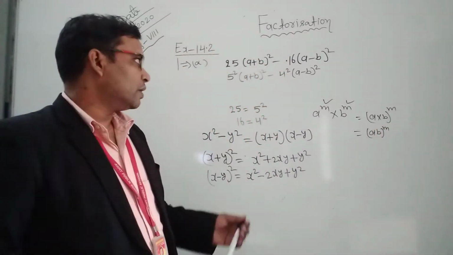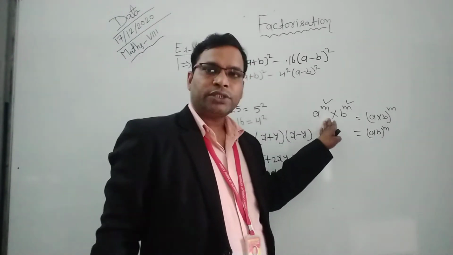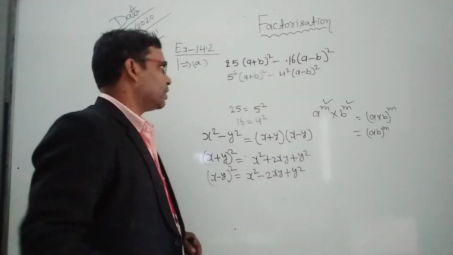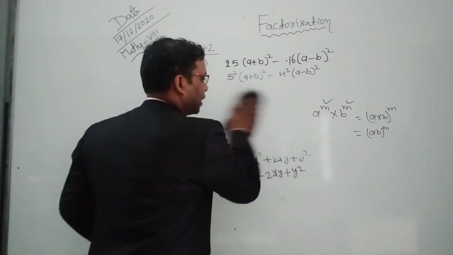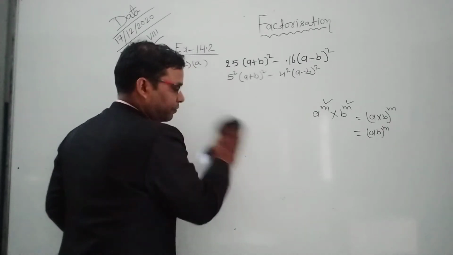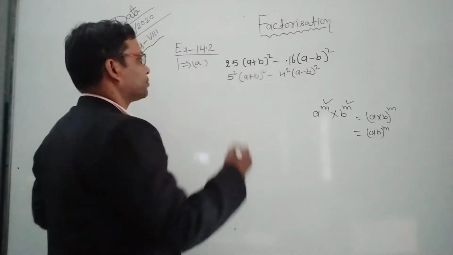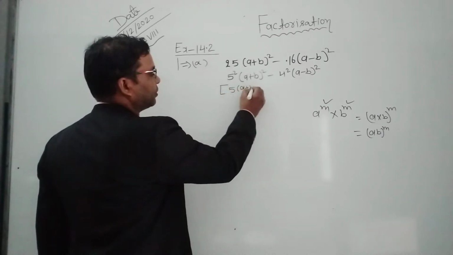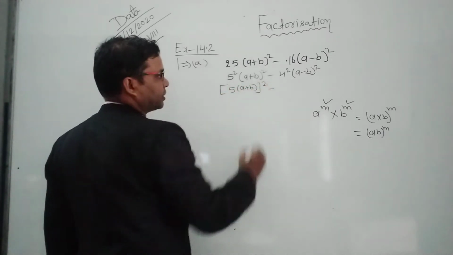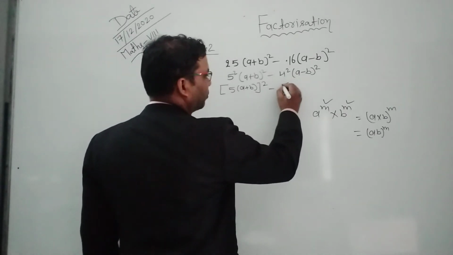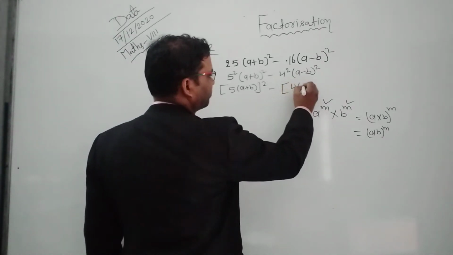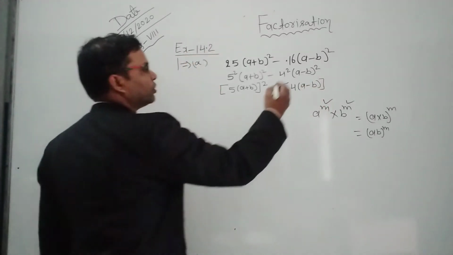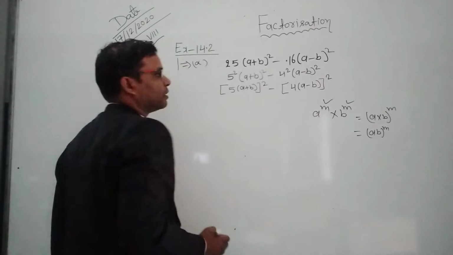So this law of exponents you can use here. Then next step, according to this law of exponents, we can write whole square of 5 into a plus b minus whole square of 4 into a minus b. Clear?